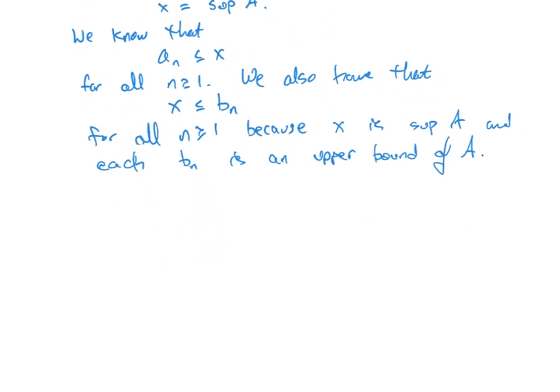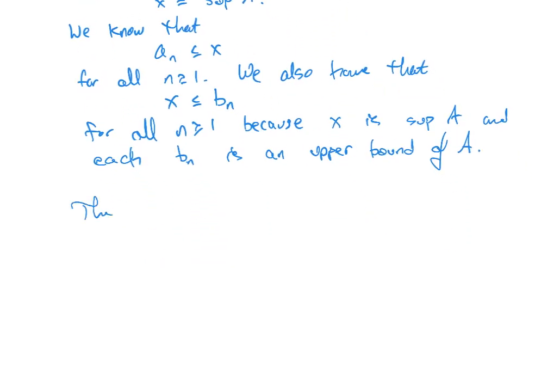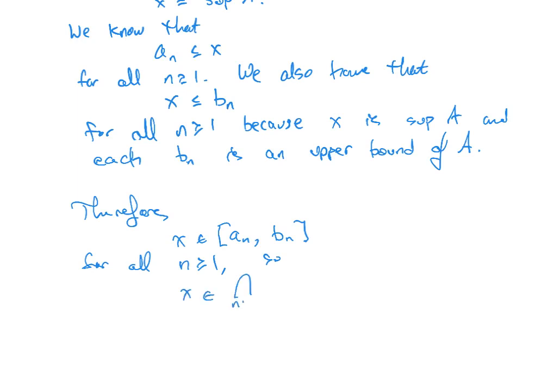We've shown that it's in all these intervals, right? Therefore, X is in An and Bn for all n at least 1. So X is in the intersection. This was In, which proves the theorem.